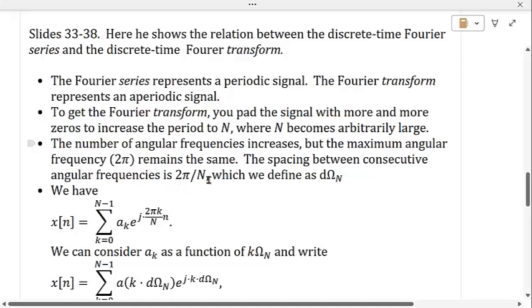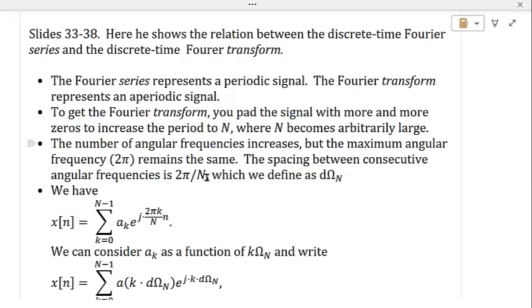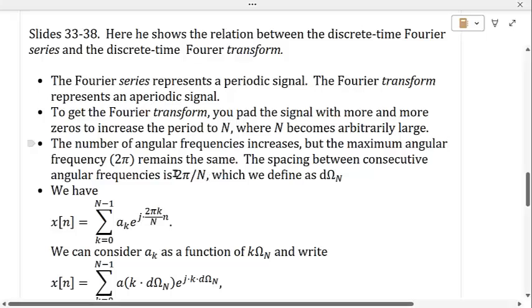So you basically have smaller and smaller frequencies. Now, smaller and smaller frequency means longer and longer period. And since you're stretching out the signal by adding zeros, it makes sense that you're dealing with longer and longer periods, which have smaller and smaller frequencies. And the spacing between frequencies in the Fourier series is always even.